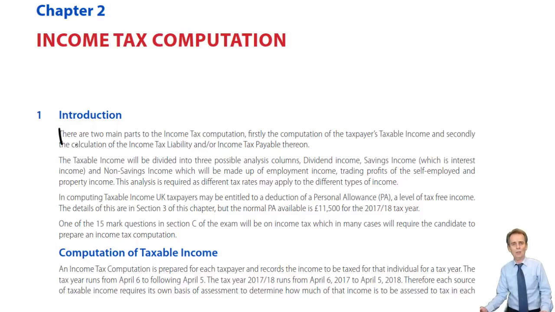We talk about the taxpayer, each and every individual, whether male or female, whether married or single, whether adult or child. We all exist independently in terms of UK taxation from the day that we're born. And every one of us would have our own income tax computation. Obviously, when you're first born, there's probably not too much income that you're going to have. But we all exist independently.